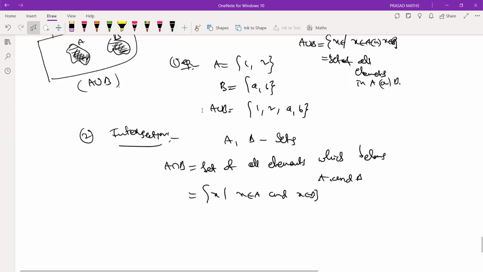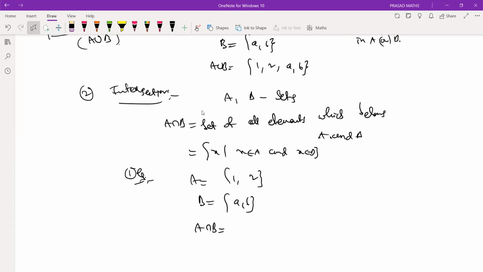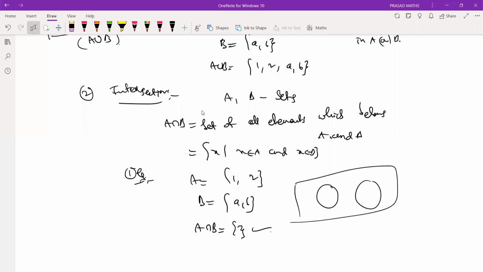Right? So what is my intersection? Suppose you write the elements like this: A equals 1, 2 and B equals a, b. What is the intersection of A and B? Empty set. We don't have any common element, so it's an empty set. So can you write these sets in a Venn diagram? Yes. They are separated. They may not intersect. Yes, I know.